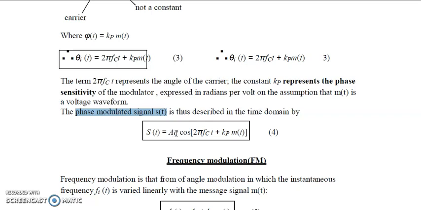So A c stays as it is, cos, and here we replace the phase angle with this theta i t. If we write the angle of the carrier signal, we write only this one. This is the carrier signal angle, but for the modulated signal, this carrier signal angle is added with the linear change.